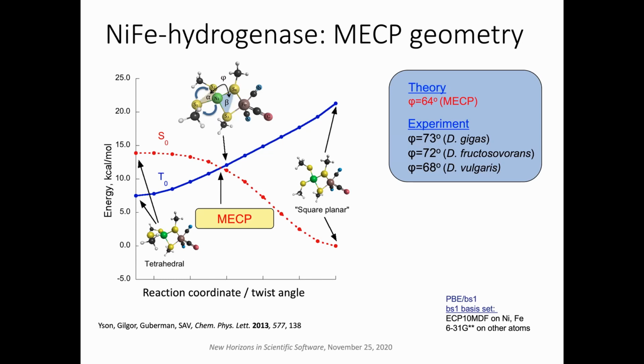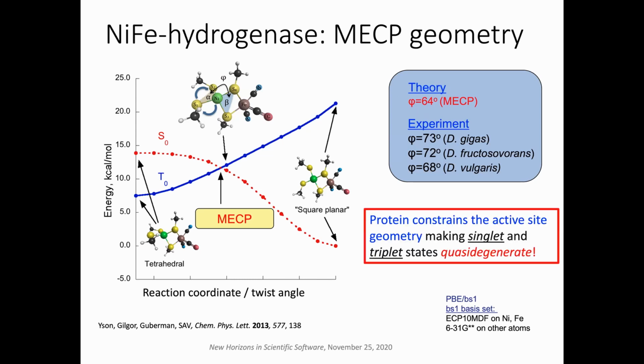We found the minimum energy crossing structure, and the first interesting result we got is that this structure has a twist angle, which is our reaction coordinate in this case, very similar to what is found in real hydrogenase.